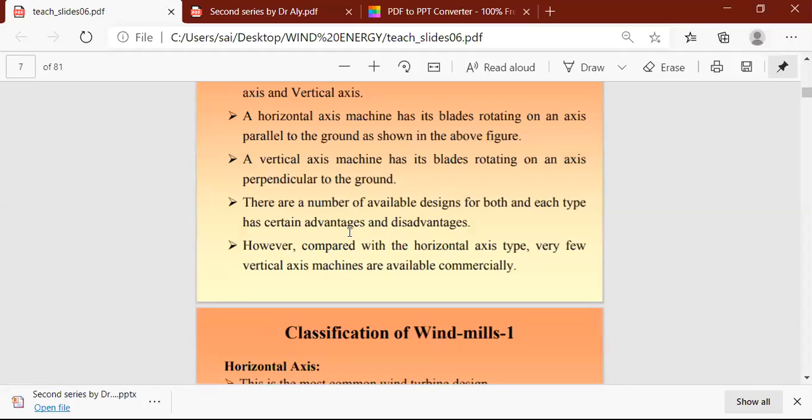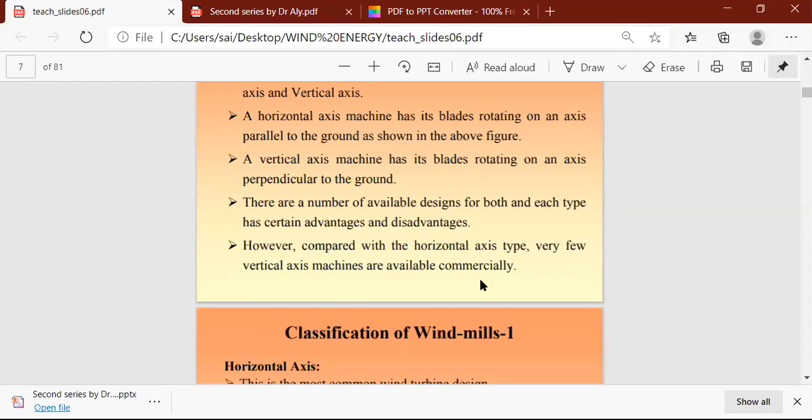Each design has its own advantages and disadvantages. So in the comparison part, we will discuss the advantages of the horizontal axis wind turbine and the advantages of the vertical axis wind turbine, and also the disadvantages of both, and compare the two. However, compared with the horizontal axis type, very few vertical machines are available commercially.